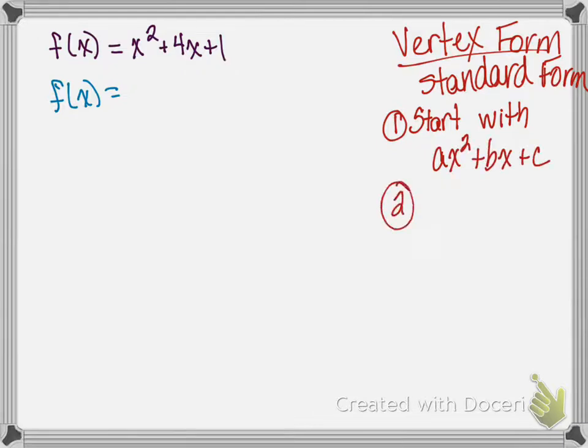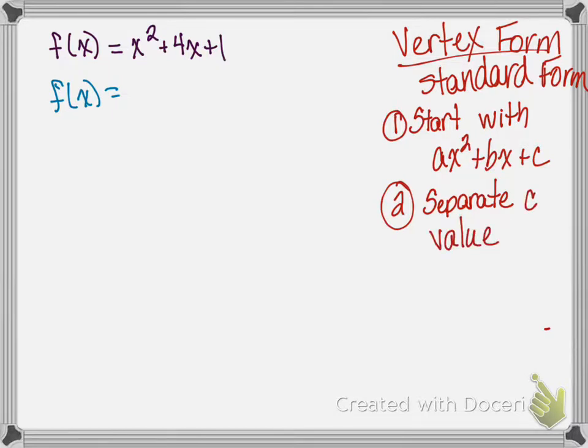Now my next step is going to be to separate the c value from the ax squared plus bx. We're not moving it to the other side. We are separating the c value. And this is how I'm going to do it.